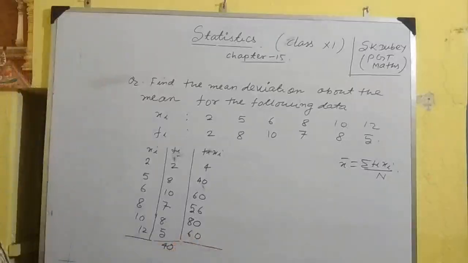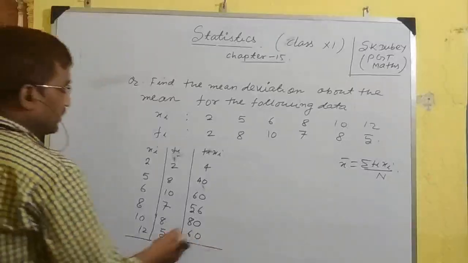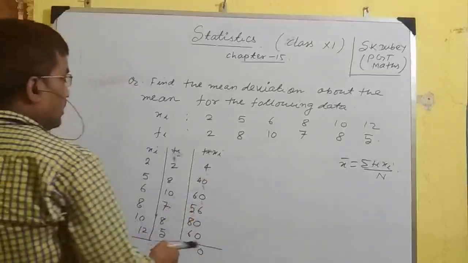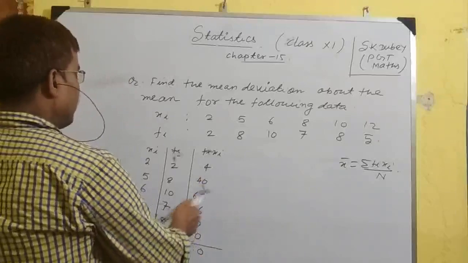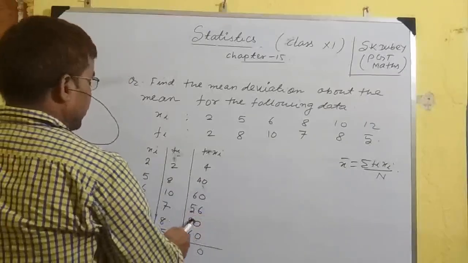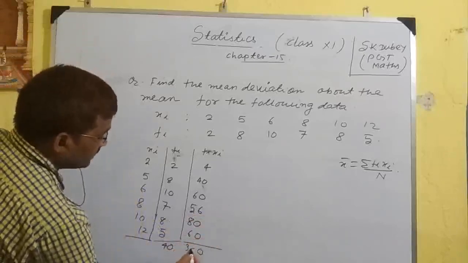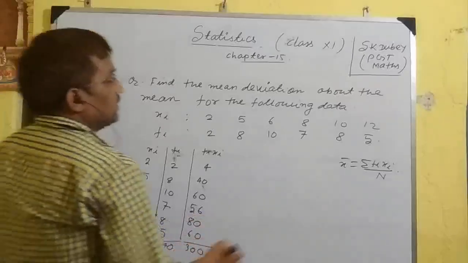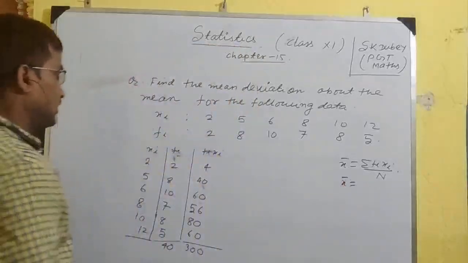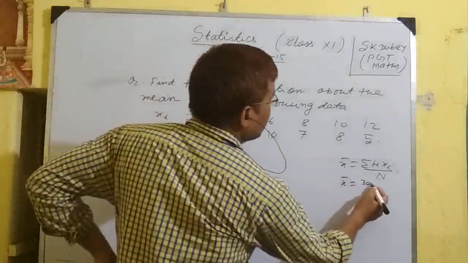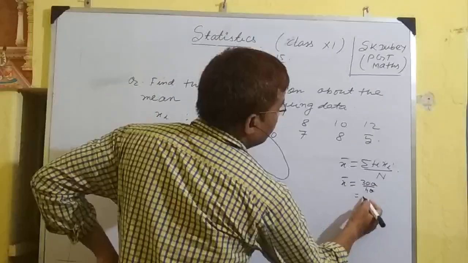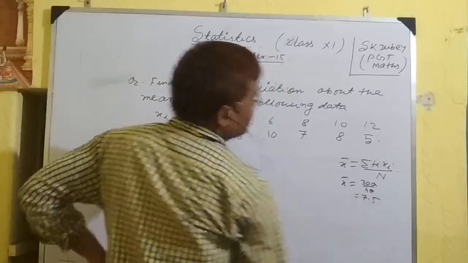Then the summation of fi xi is 4 plus 40, 44, plus 60, 104, plus 56, 160, plus 80, 240, plus 60, that is 300. So from here we can find the mean. The mean is 300 by 40, that is 15 by 2, which is 7.5.